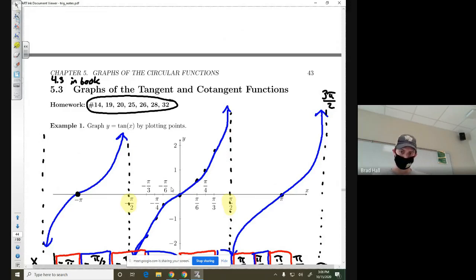Let's do a nice tangent one and a cotangent one. 14 and 19 look a little easy. 20 is a little interesting. 25 is pretty cool. 26 also looks interesting. What 2 should I do?